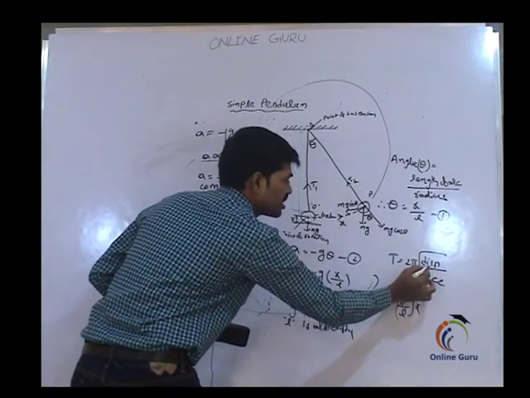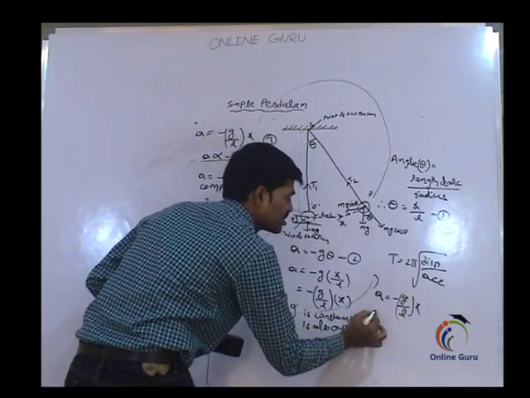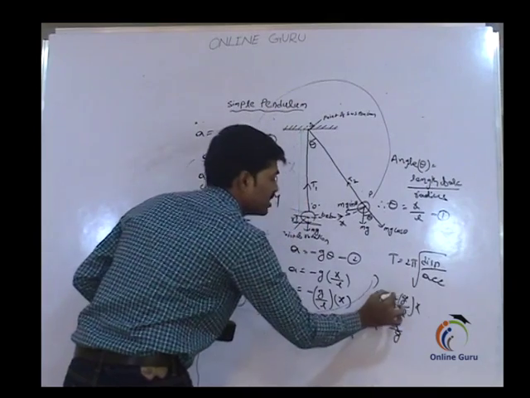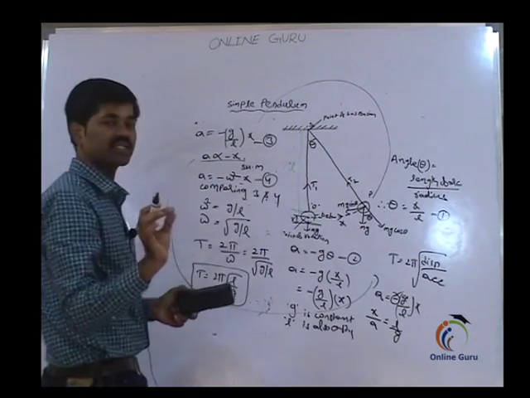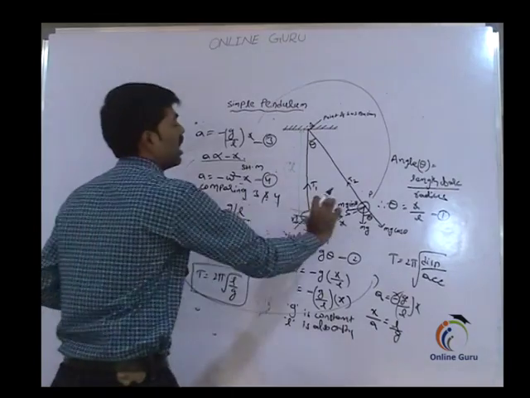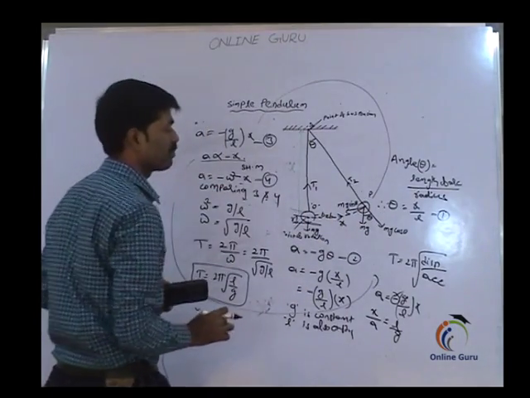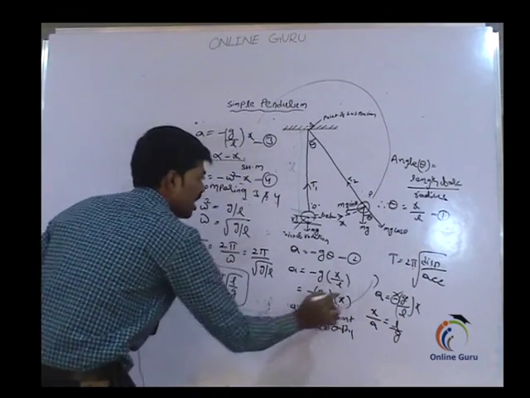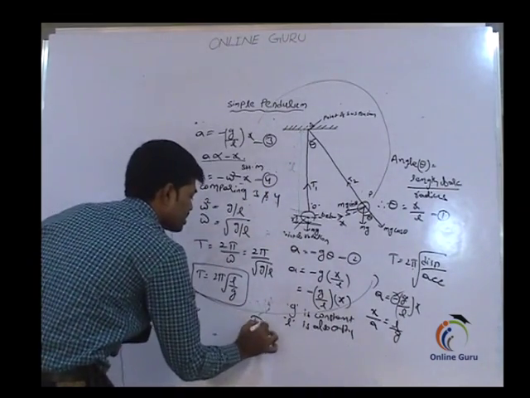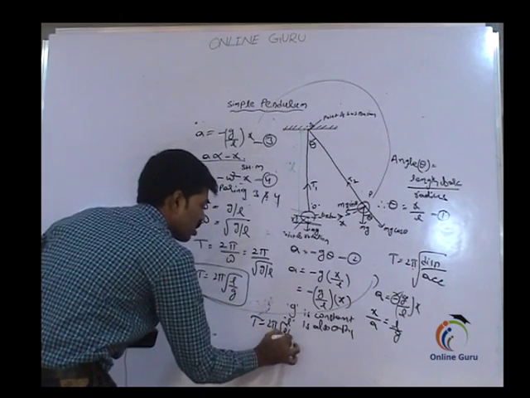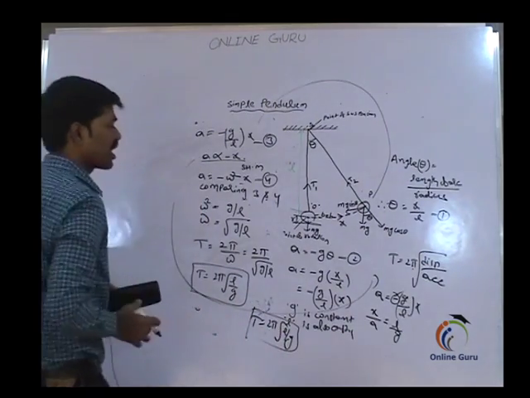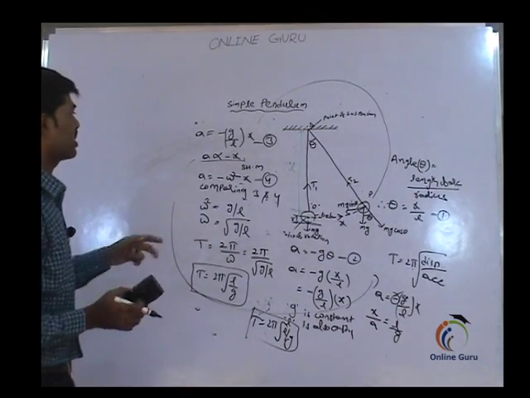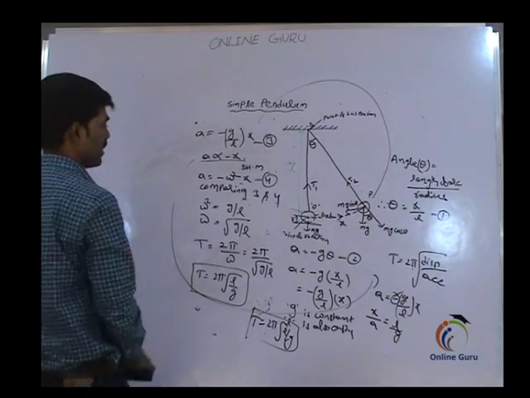So x by a is equal to L by g. The negative sign only indicates that acceleration is towards the mean position. Therefore, substituting x by a equals L by g, I get time period T is equal to 2 pi under root of L by g. This is another method of deriving the expression for the time period of a simple pendulum.